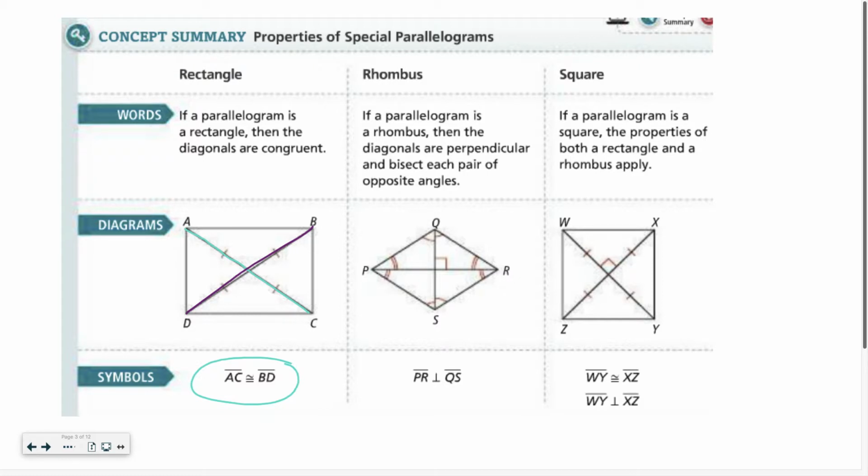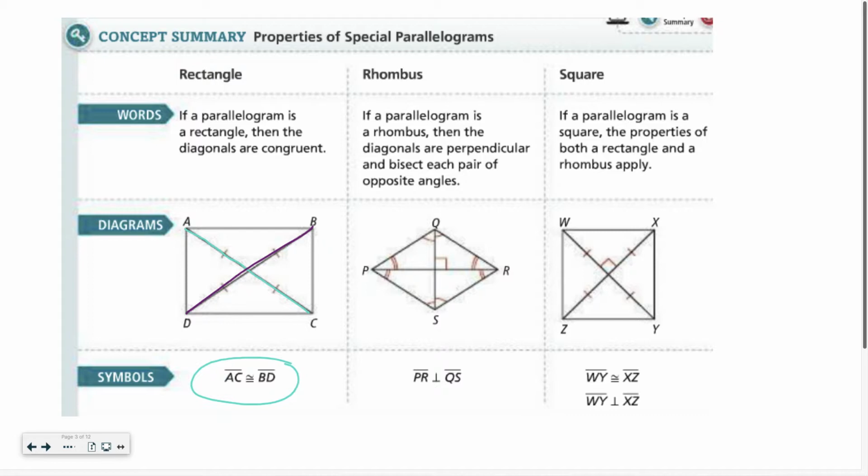So if I have a rhombus, I know that this angle is going to be congruent to this angle, and this angle is going to be congruent to this angle. And it keeps going, right? All of these angles got cut in half by the diagonals. So a rhombus has more specific things about the angles inside of it.